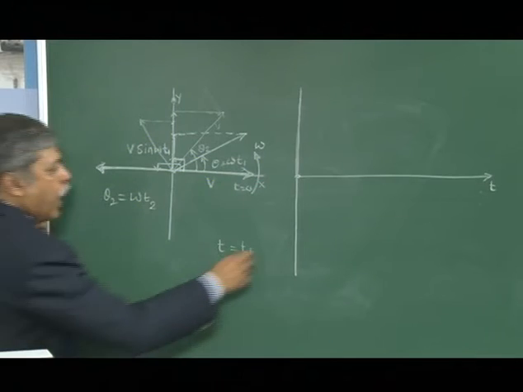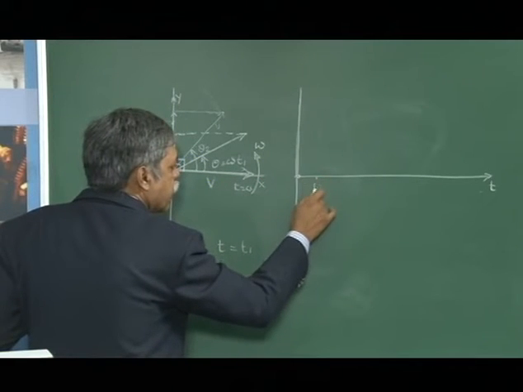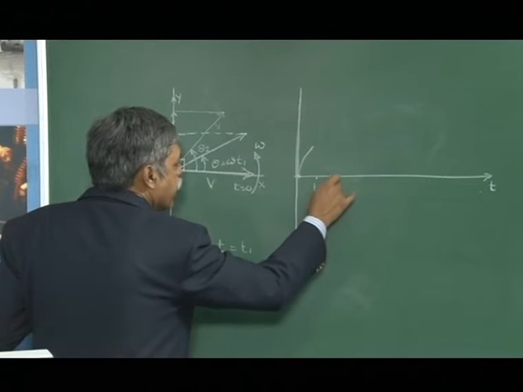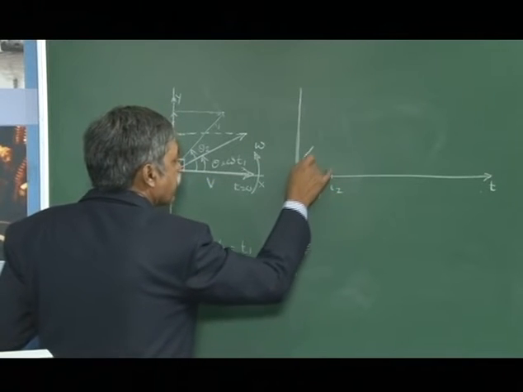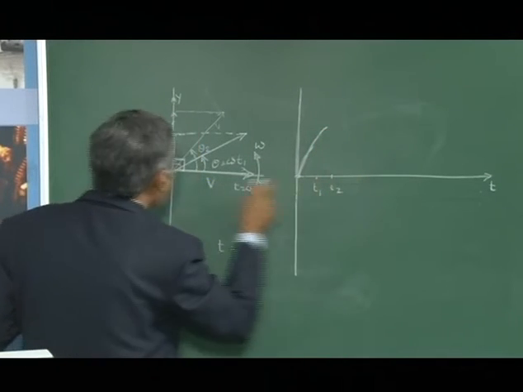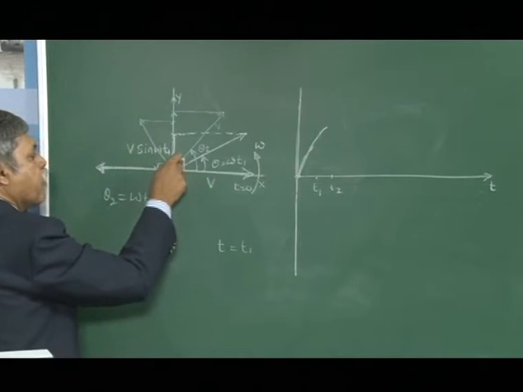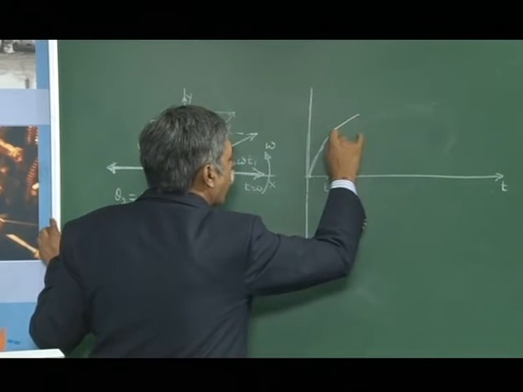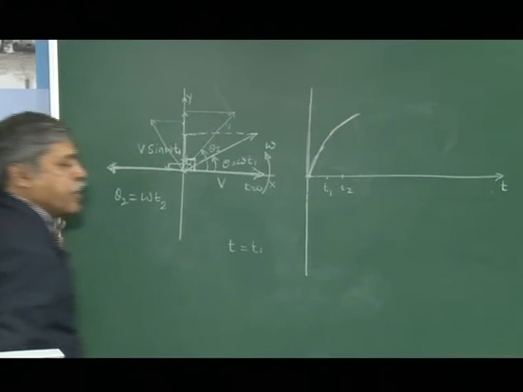At t equal to t1, it is increased. At t equal to t2, it is further increased, and at some point where I moved the vector by 90 degrees, I am getting a maximum value of the projection.